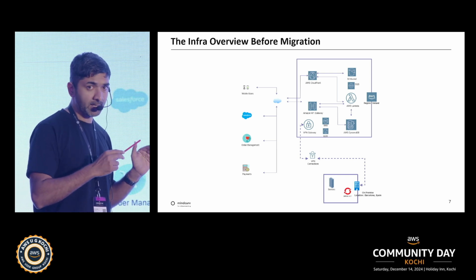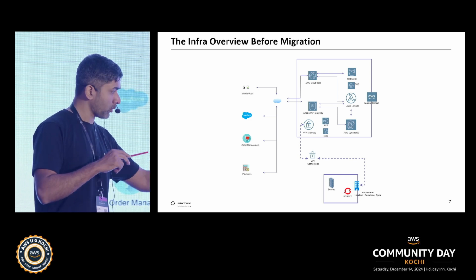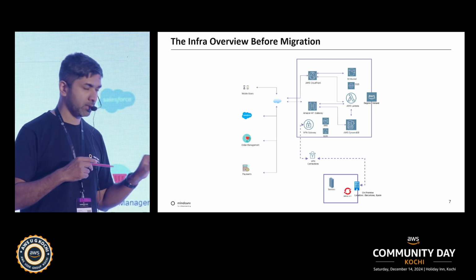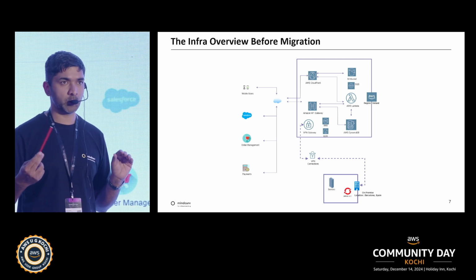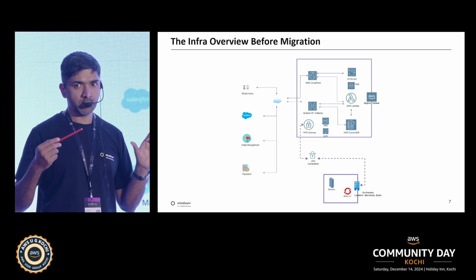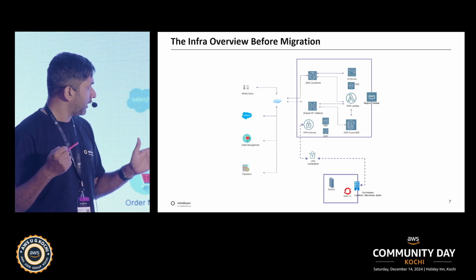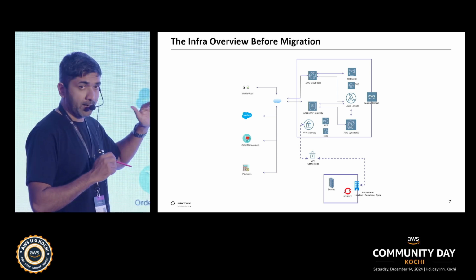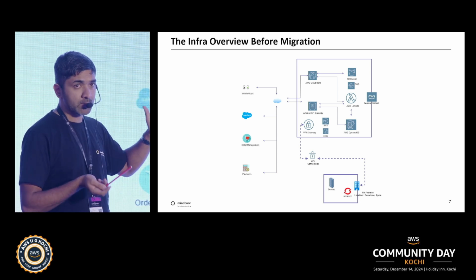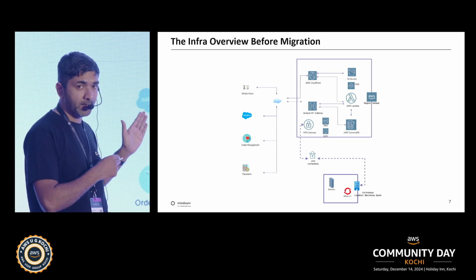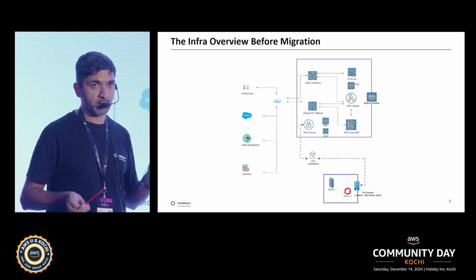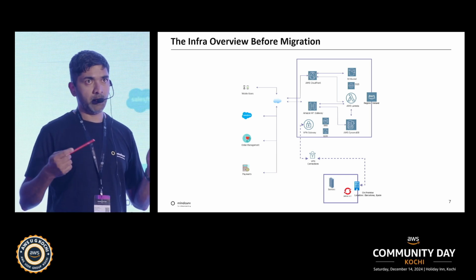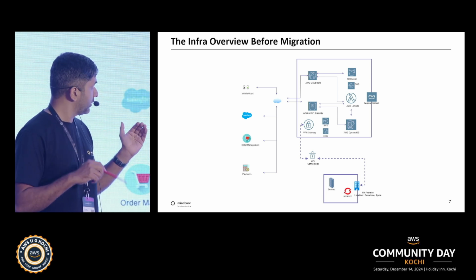It's basically an e-commerce customer, so all these on-premise components help the customer to run their e-commerce services. The services running in AWS are extensively used to integrate with multiple vendors for order management, delivery, and payment, and so on.